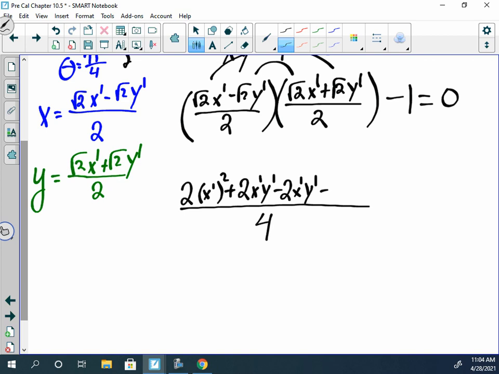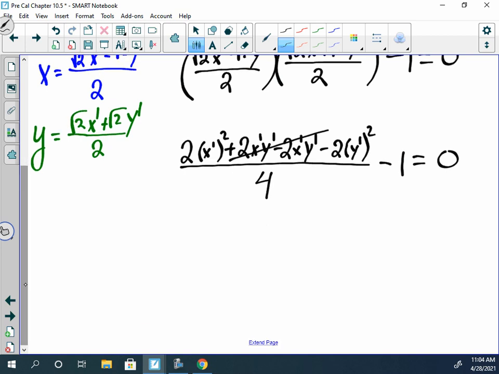And then lastly, we would have negative 2 y prime squared, minus 1 is equal to... so really what we have is 2 x prime squared minus 2 y prime squared all over 4.